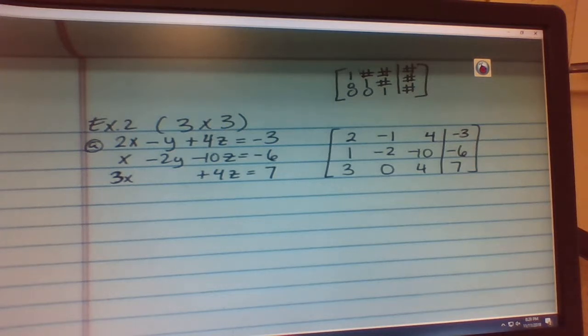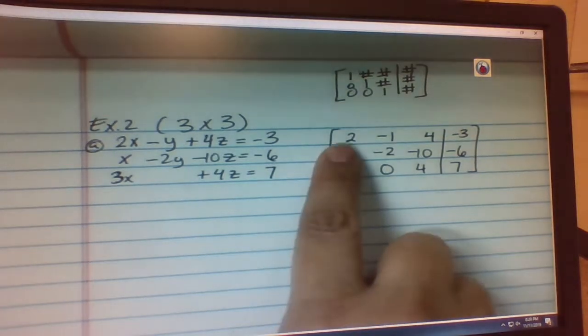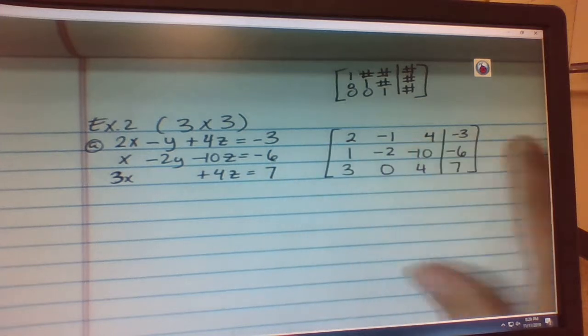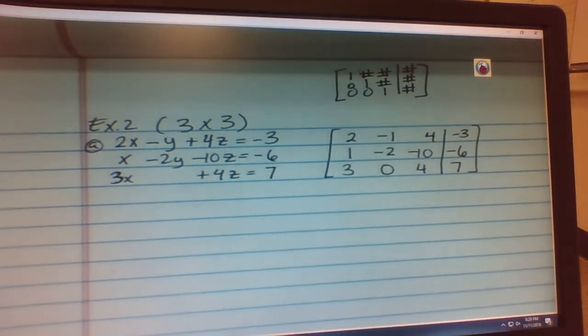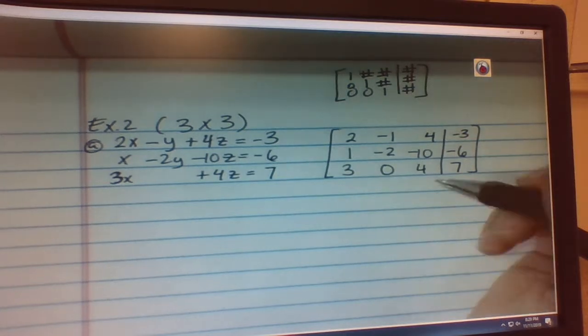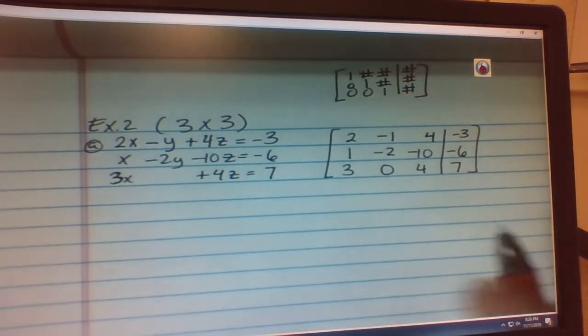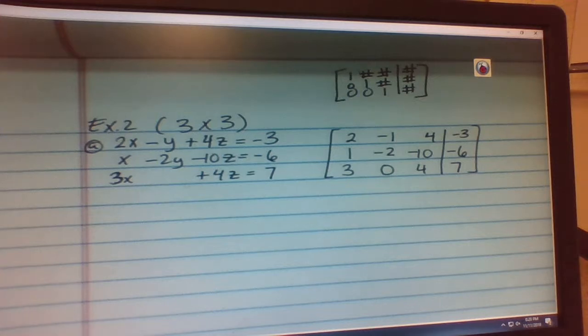Now, I'm not saying that if you don't take that first step, it's going to be wrong. But what would you have to multiply this by? A half. We're going to end up with fractions. But first thing we do, what are we gonna do? Switch the first and the second. Very good.